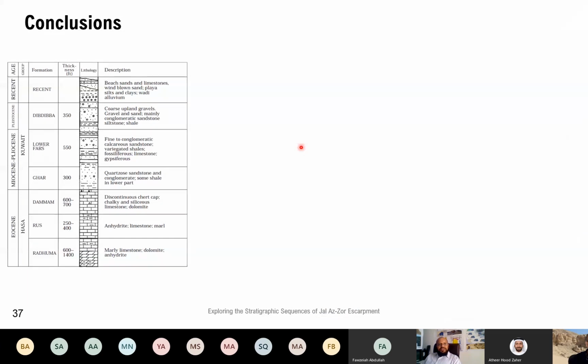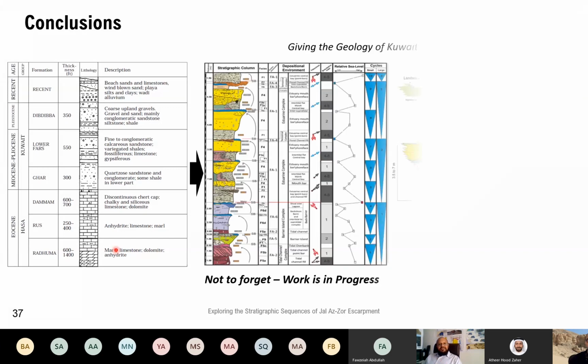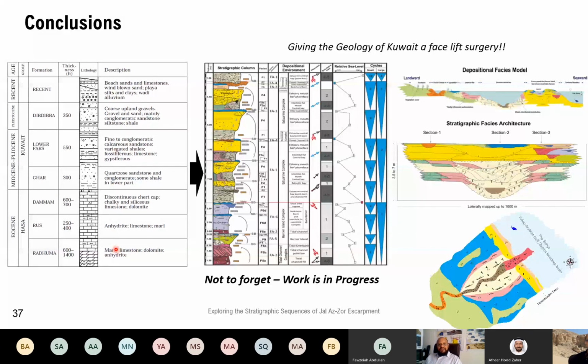So in conclusion, this is where we started. And if we take a look at the development that we have done recently, thanks to the team of passionate geologists, we managed to identify the various depositional sequences, the various depositional models, the architecture, and the complex details from macro to micro scale, giving a facelift surgery to Kuwait.